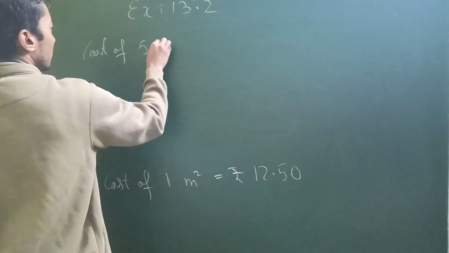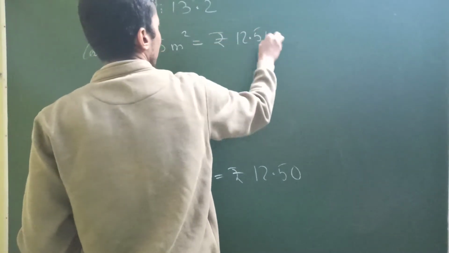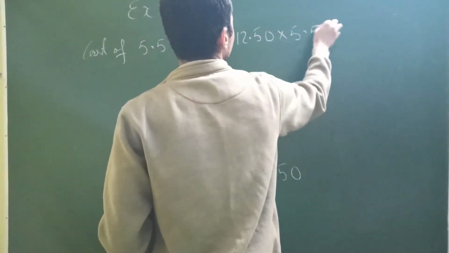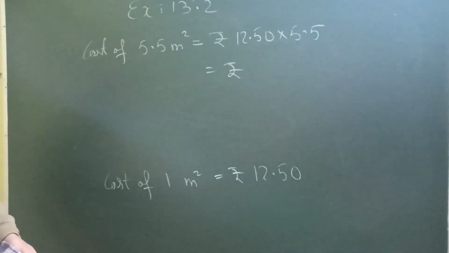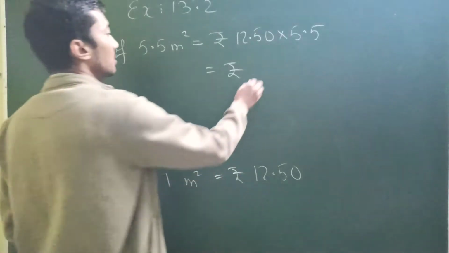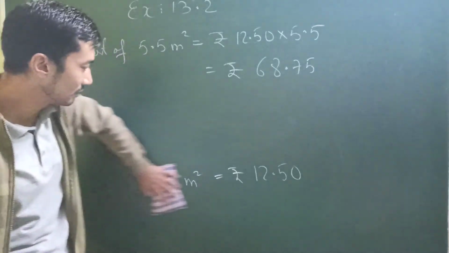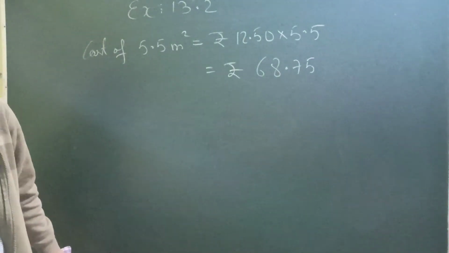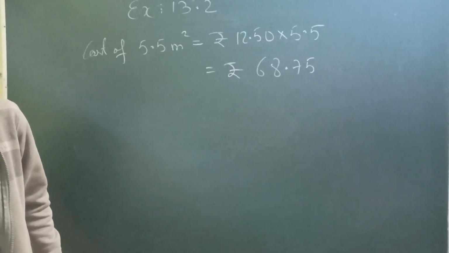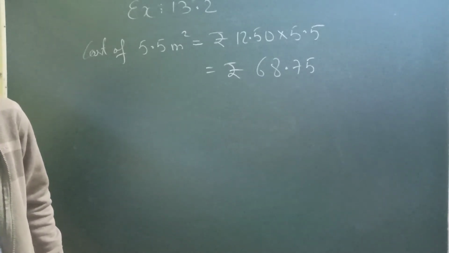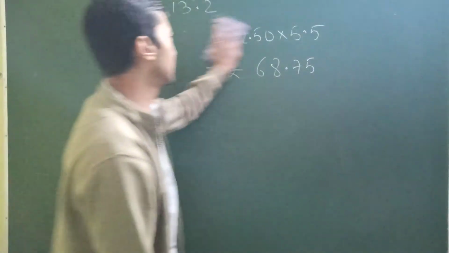That is 5.5 meter square, so the cost will be rupees 12.50 into 5.5. If we calculate, you're going to get rupees 68.75. You can calculate that and see for yourself. So the first question is that.